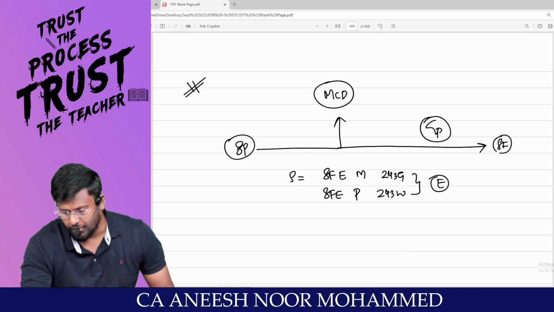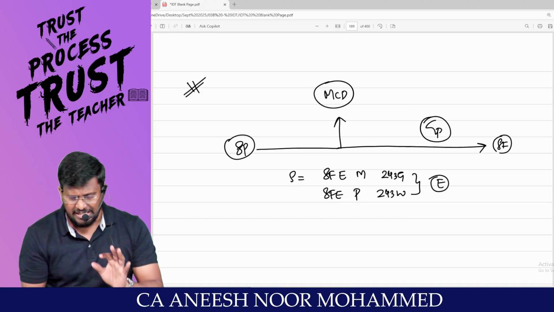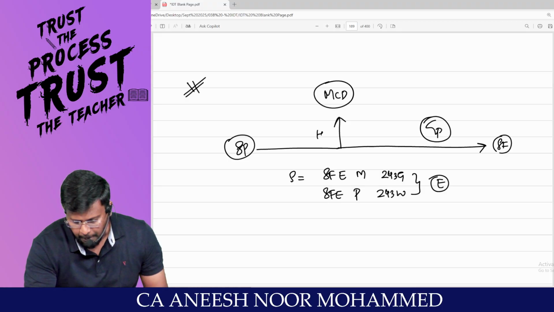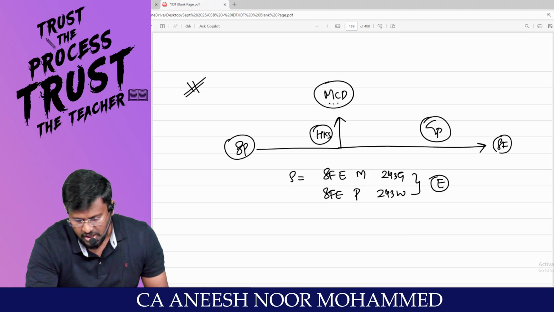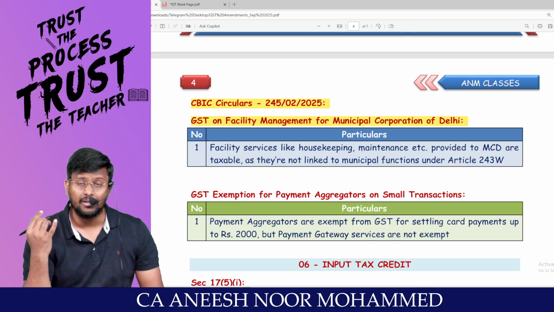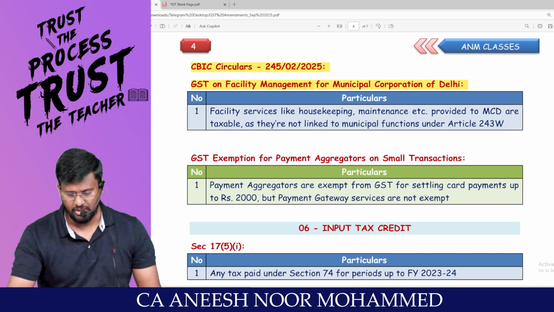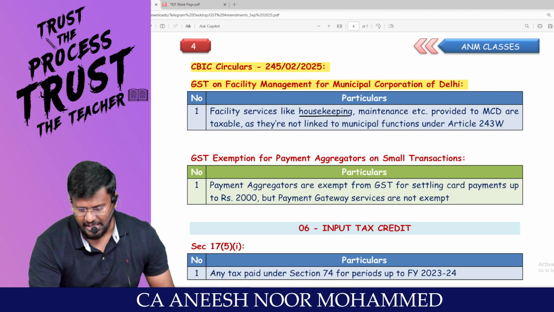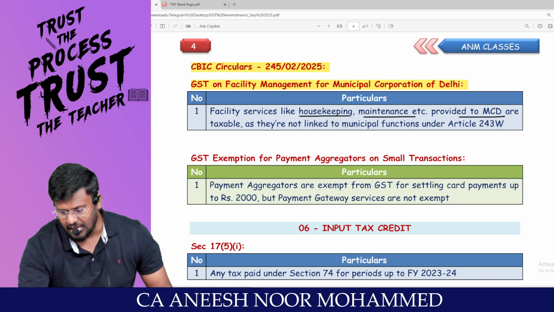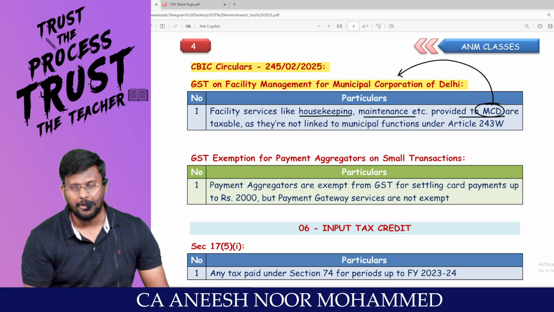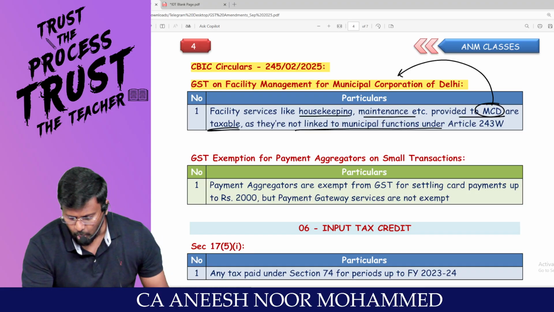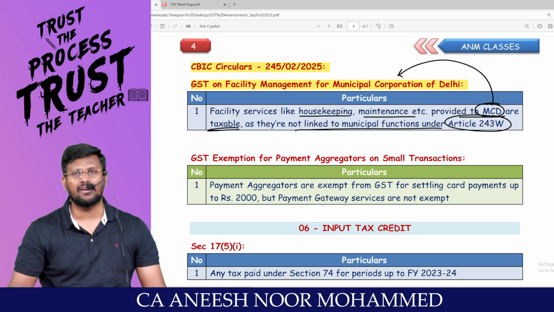Accepting? But the service is not that. The service is housekeeping services to the municipal corporation. Whether that will be treated as a statutory function or not is the question. Facility services like housekeeping, maintenance, etc. provided to the Municipal Corporation of Delhi are taxable, as they are not linked to municipal functions under Article 243W.